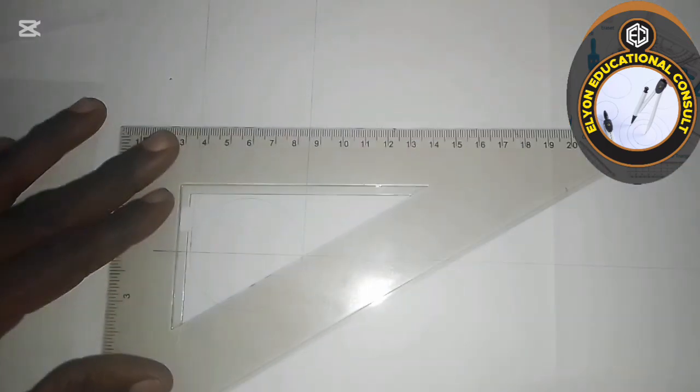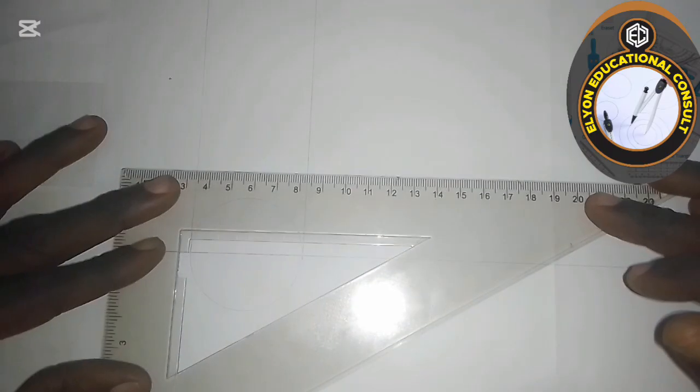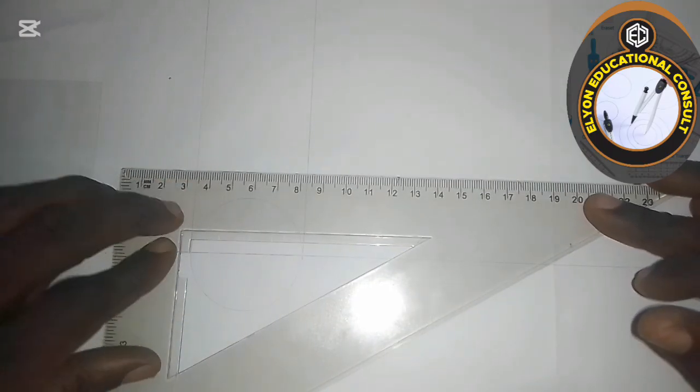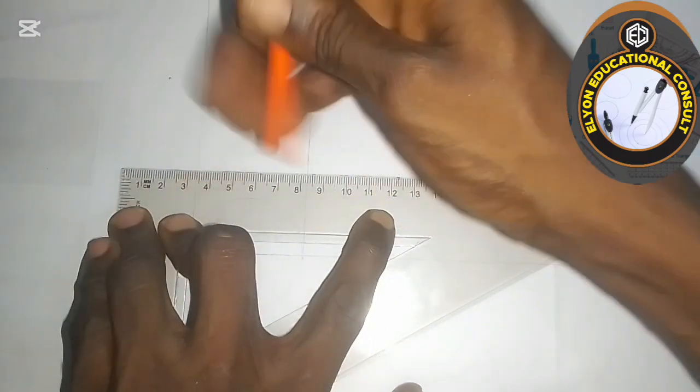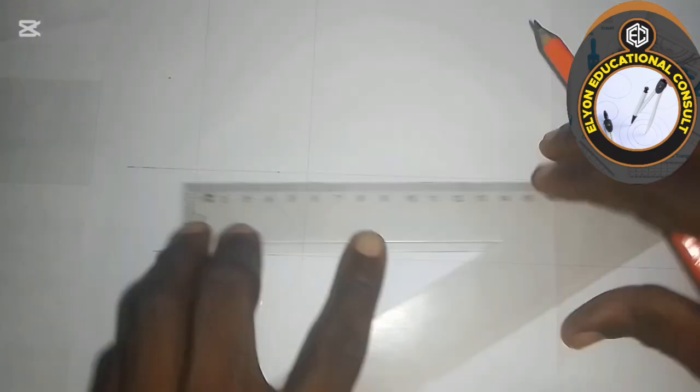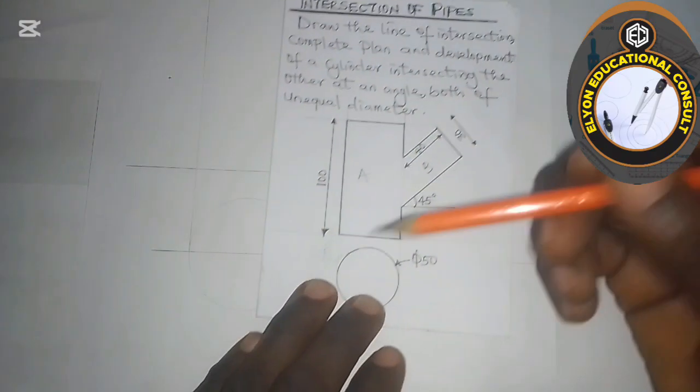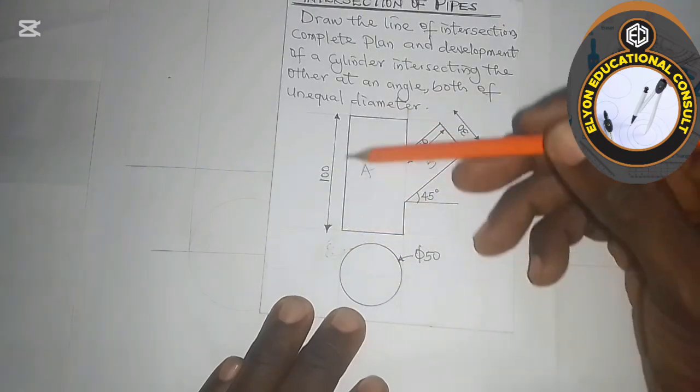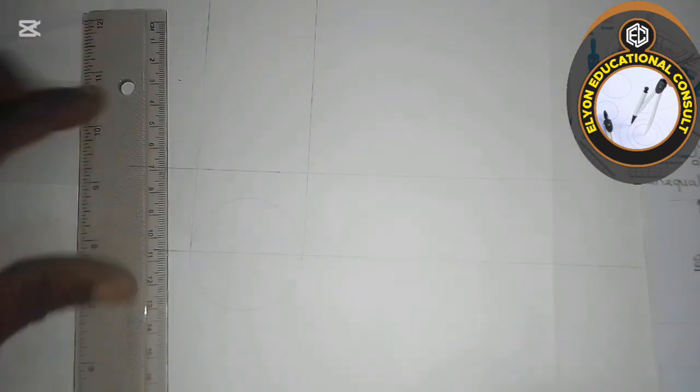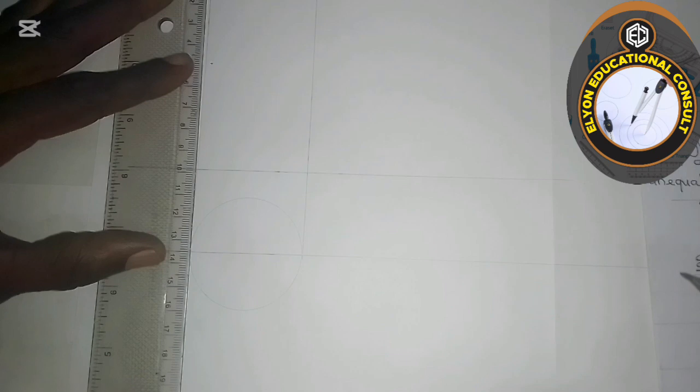this way. Okay, we have that, and the length of the pipe A is 100, so that will give us 10.